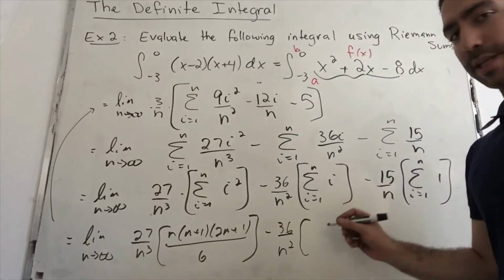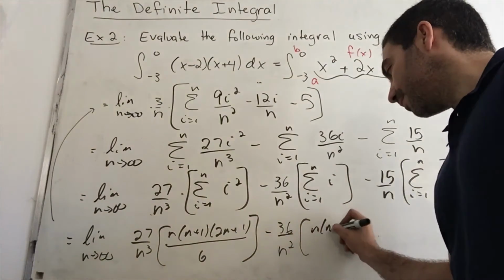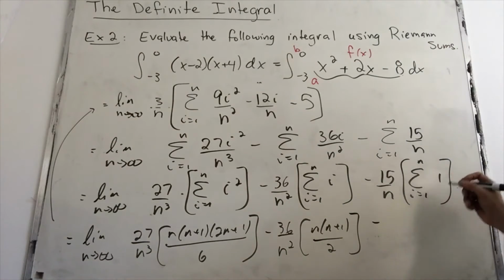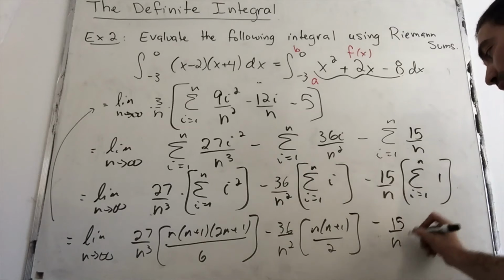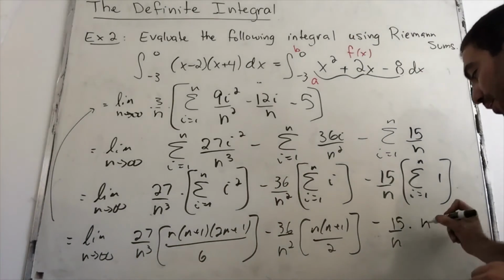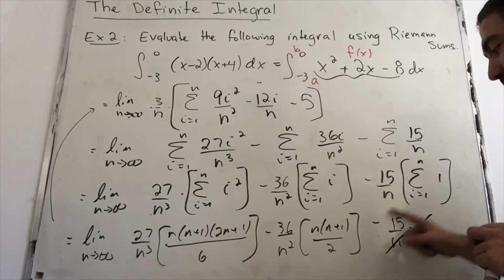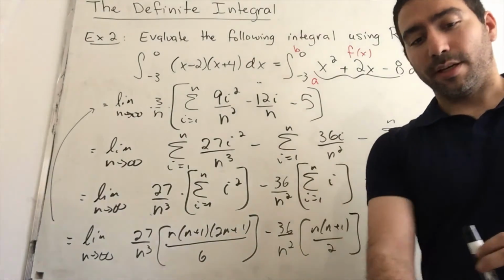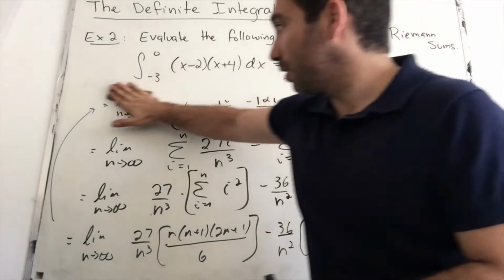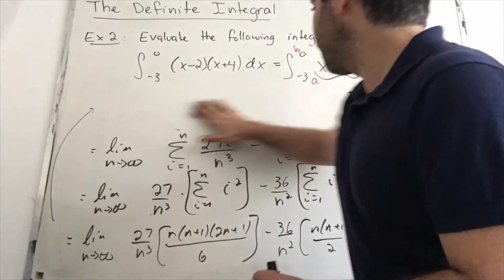We know the sum of i is n times n plus 1 over 2. And we know the sum of 1 is just n. So we have 15 over n times n, okay? And we're taking the limit of all these terms individually. But here, the last one, we're just left with, the n's cancel, we're just left with minus 15. That's easy. As you can see, the question is long, so if you could take shortcuts, I don't mind it at this stage. But let's continue up here.